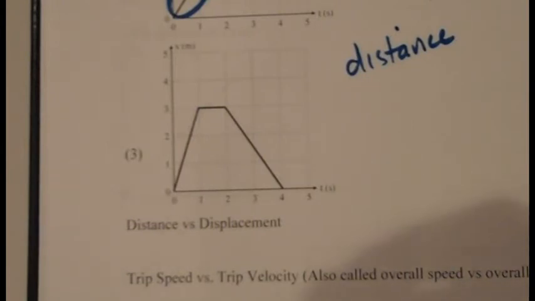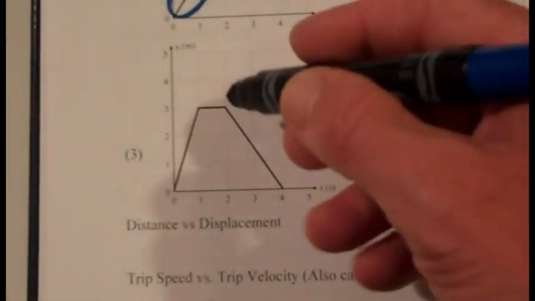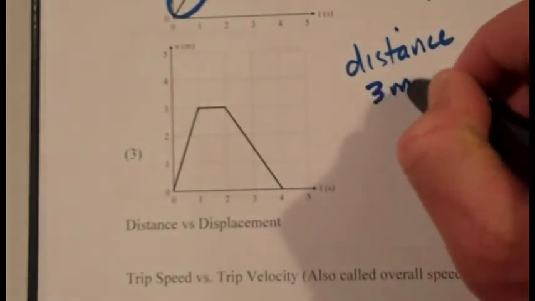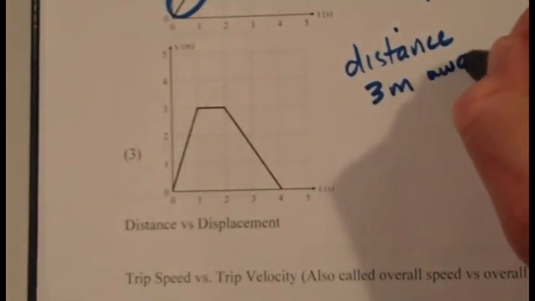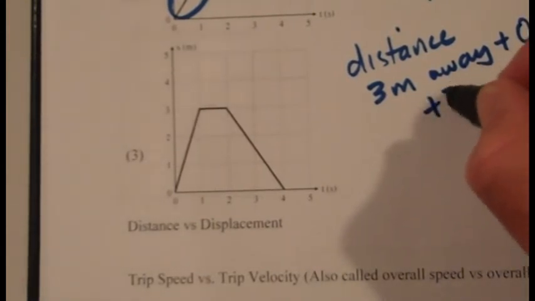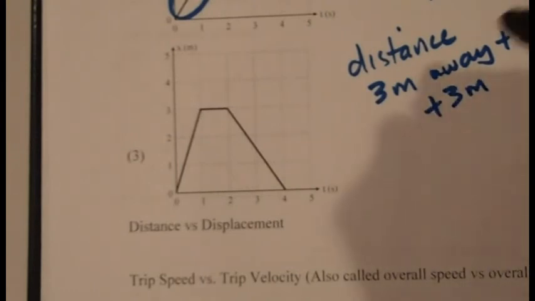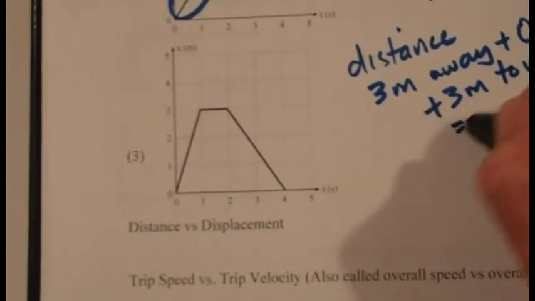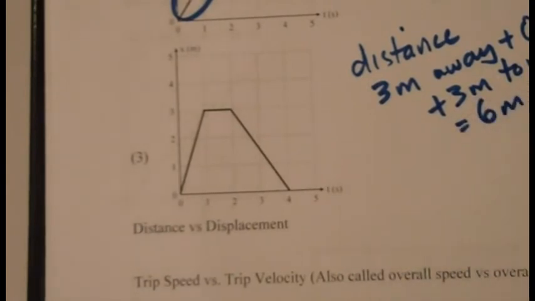So distance is what your body actually feels. So here, you go 3 meters away from the reference point. Then you stop for a second, so you've gone 0 more meters, and then you go 3 meters back towards the reference point. So you have a distance of 6 meters.